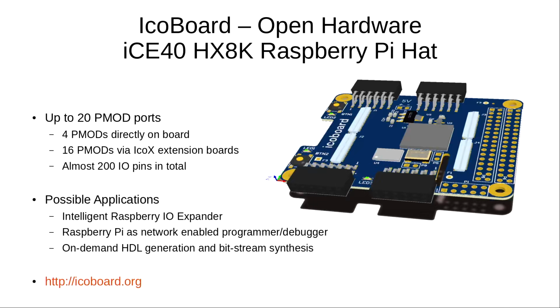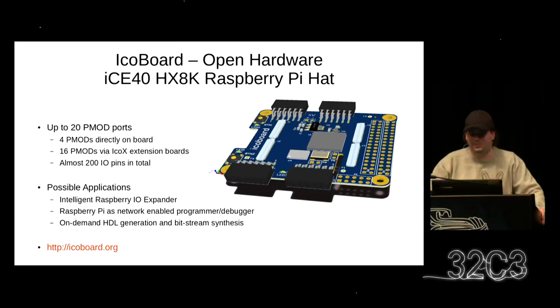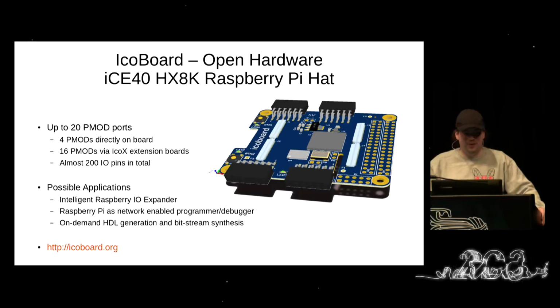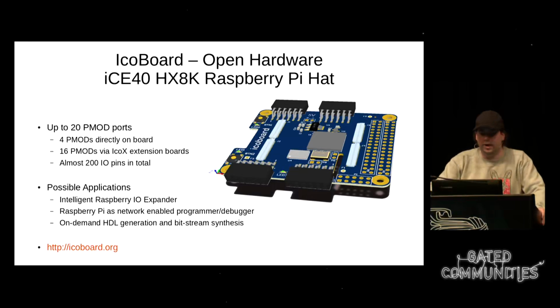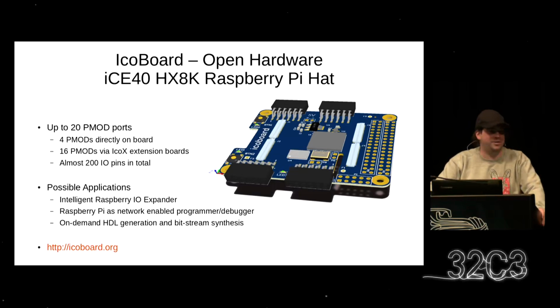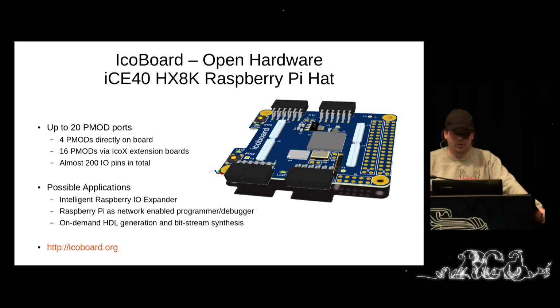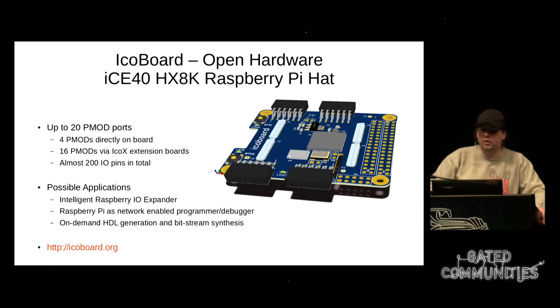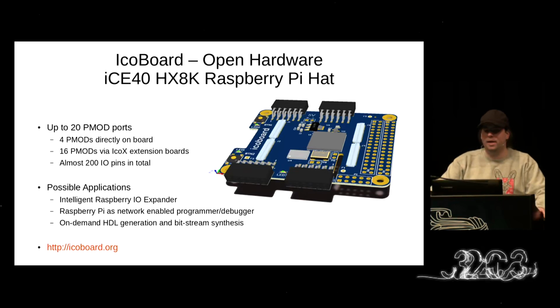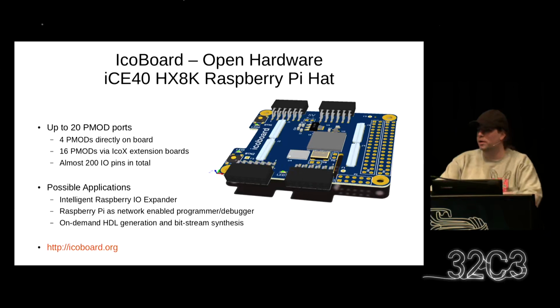And I think this is something that can be useful even if you're not really interested in an open source FPGA toolchain. So there are a couple of applications. Of course, you can just make an intelligent Raspberry Pi I/O expander that does a little bit more than just exposing I/Os. You can use the Raspberry Pi as a network-enabled programmer and debugger, which is quite useful.